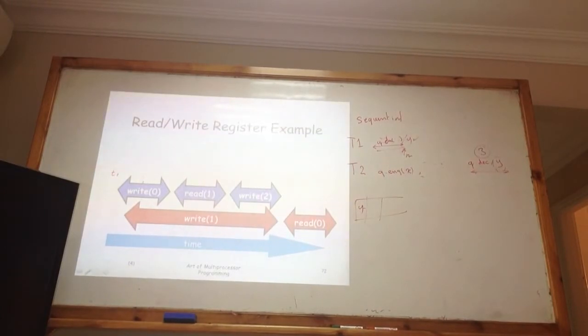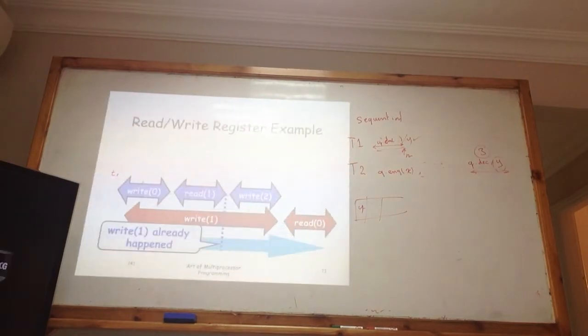No, but you have read 0 at the end. First we have to write 0. Then we have to write 1, after write 0. Then we can read 1. Then write 2. And then we can read 0. How come? You write 2, so you read zero?